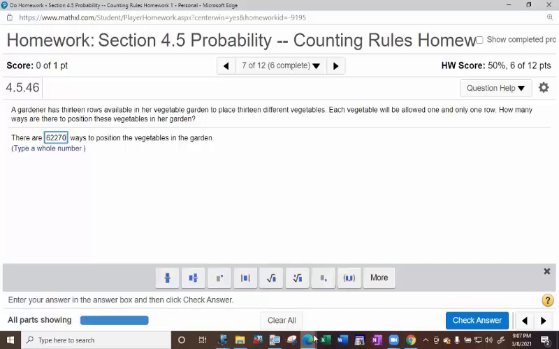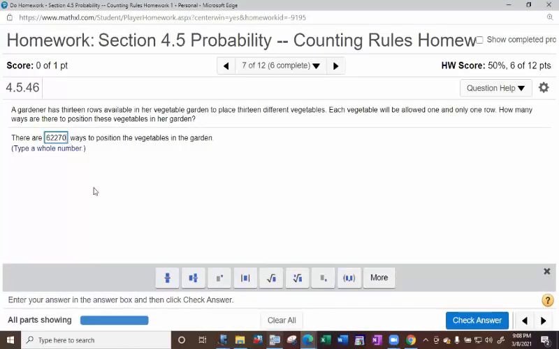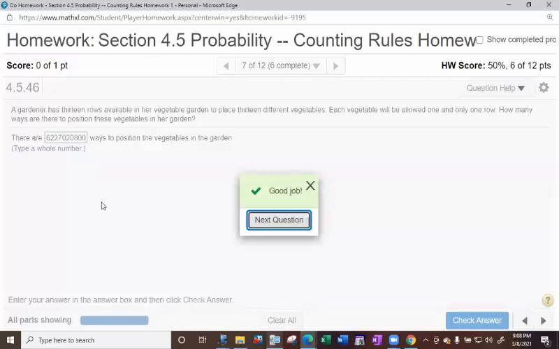Oh, forgot to. The last 5 digits are 20800. Yay! Big number?